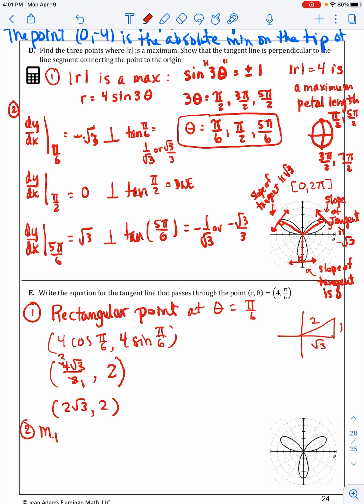Sorry about that. And then the next thing is we're going to look at the slope of the tangent at theta equals pi over 6. And we said our dy dx at pi over 6 is negative square root of 3. So now the third thing that we're going to do is find the equation of that tangent line.